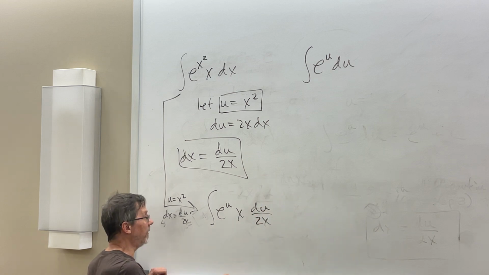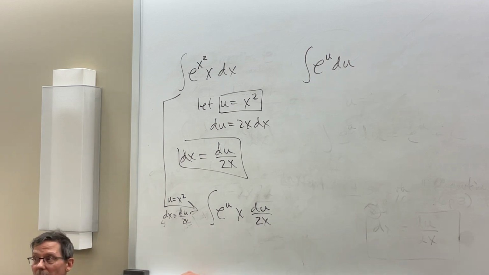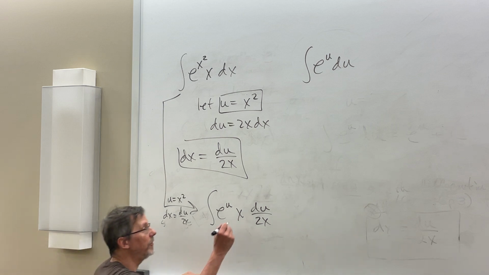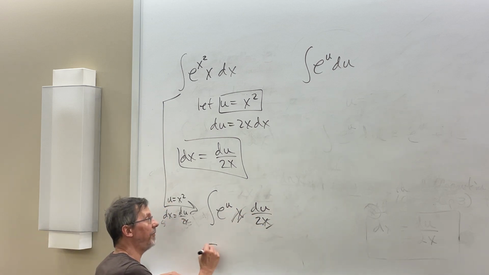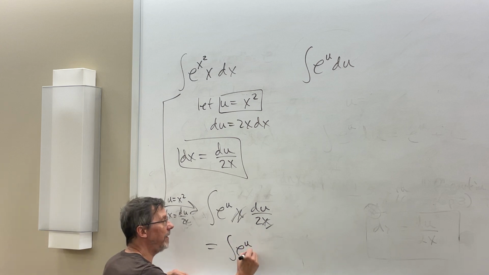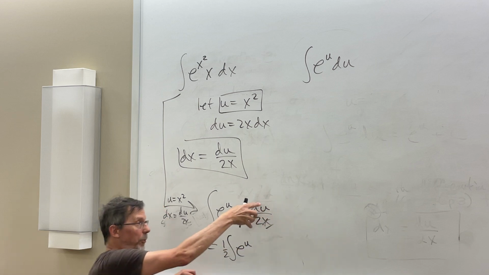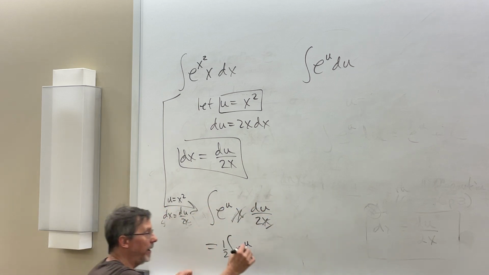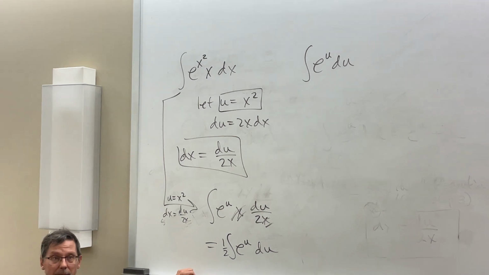And now I cancel, but I don't cancel completely this time. Just the x's cancel. So I'm left with the integral of e to the u, and this is a half, which I'm going to pull straight out in front, du. Stop. Check that out.